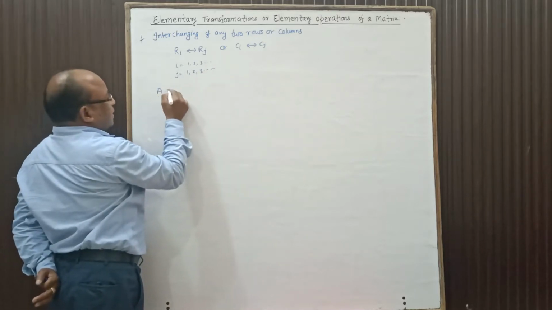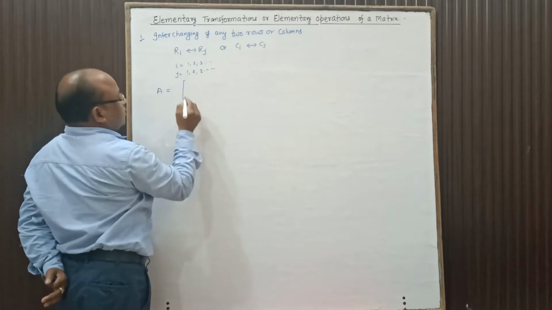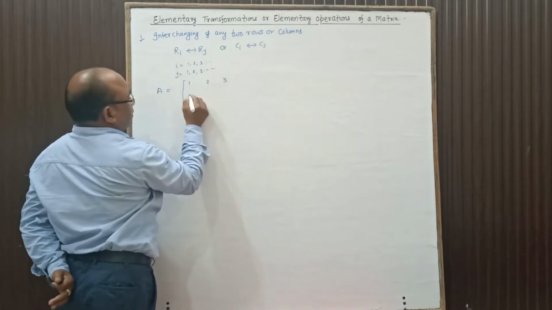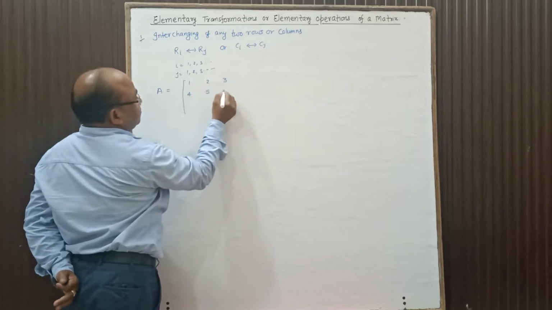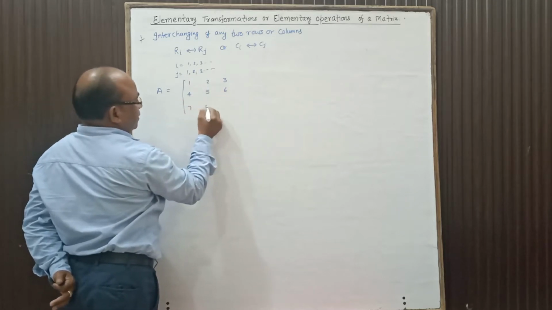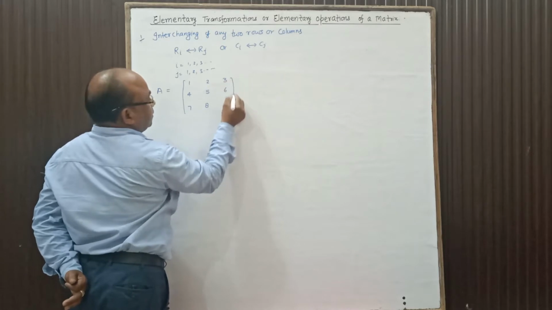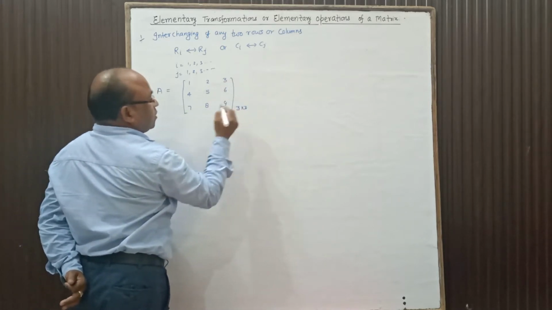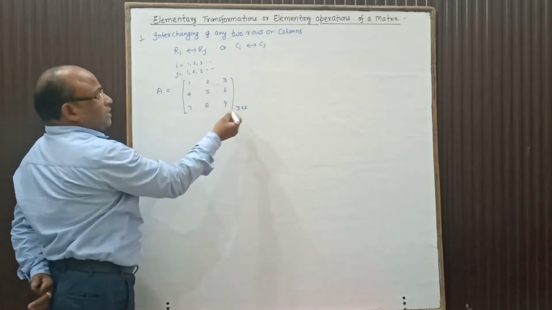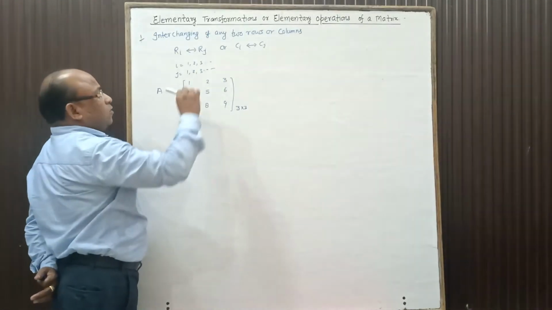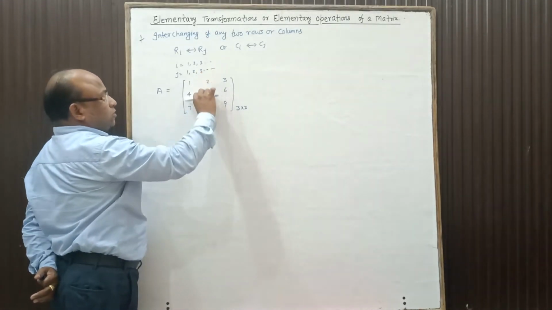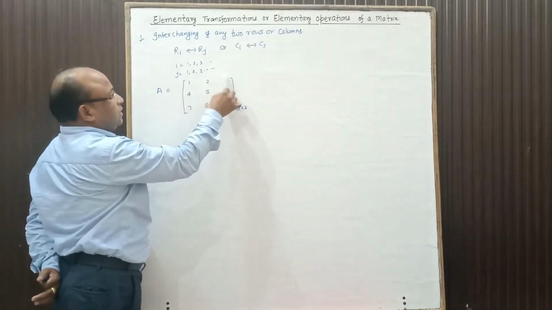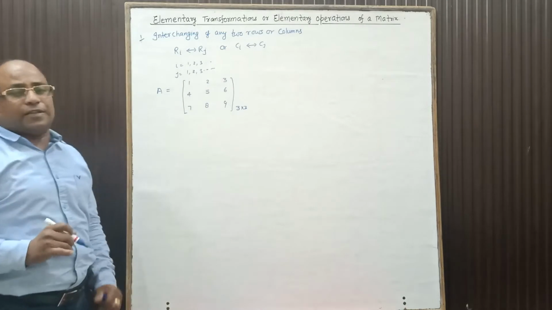Suppose A is any matrix of order 3 by 3, like 1, 2, 3, 4, 5, 6, 7, 8, 9. This is a square matrix of order 3 by 3, because here rows and columns are the same. The horizontal lines are rows, 1, 2, 3, three rows, and the vertical lines are columns, 1, 2, 3. So the order is 3 by 3.